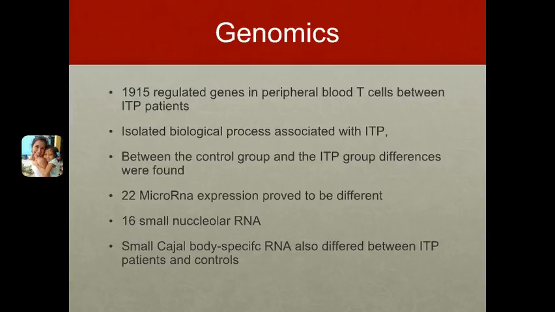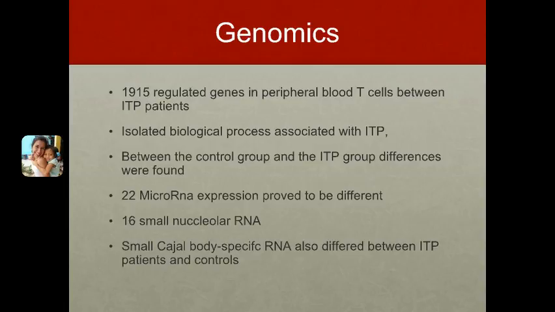Initially, they identified 1,915 regulated genes in the peripheral blood T cells between the ITP patients and the controls. They used a specific project called the GO project, which was a collaborative effort to address the need for consistent descriptions of gene products within this specific disease.